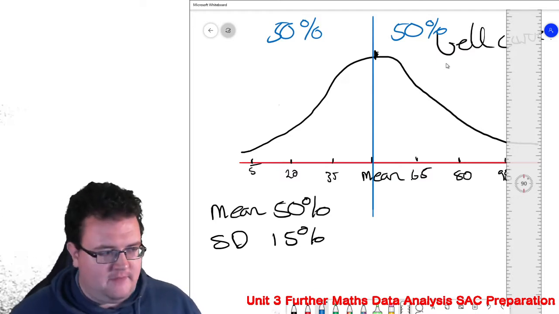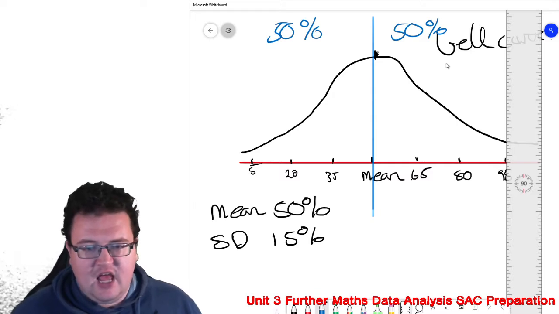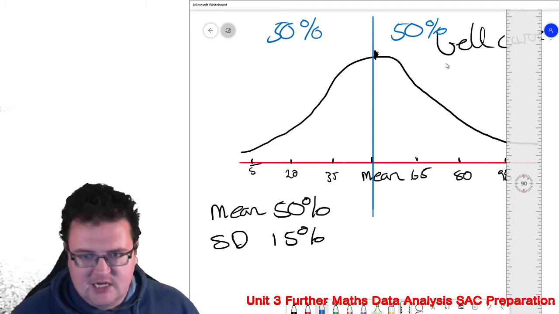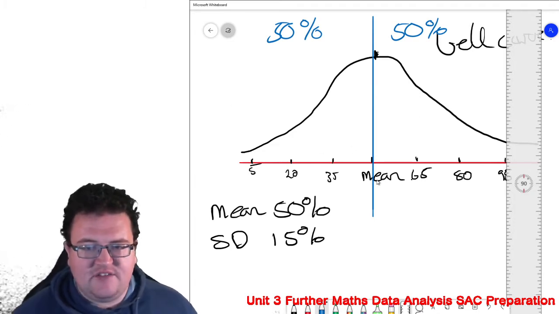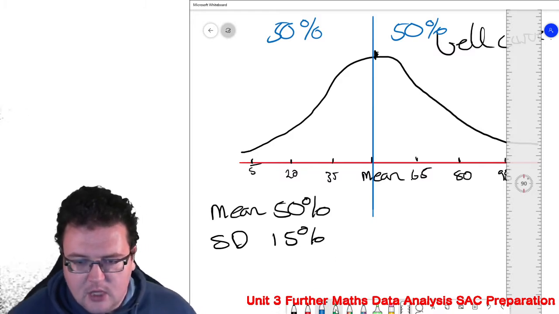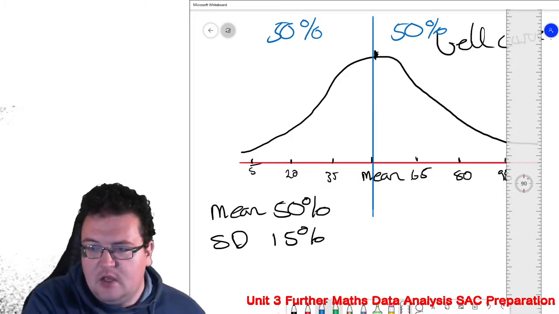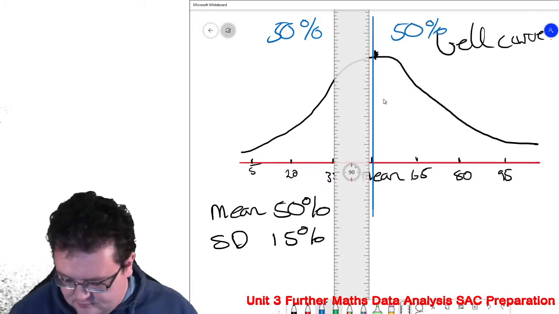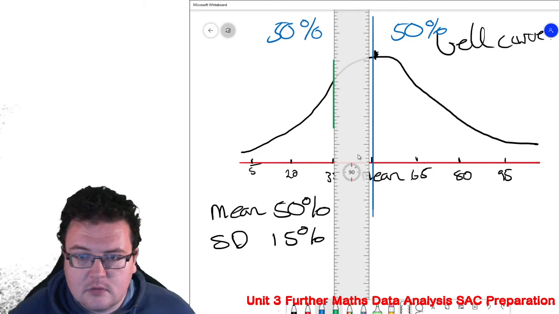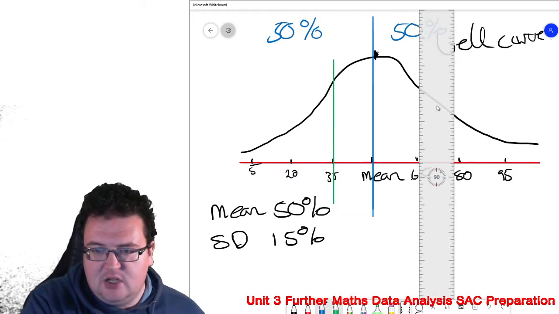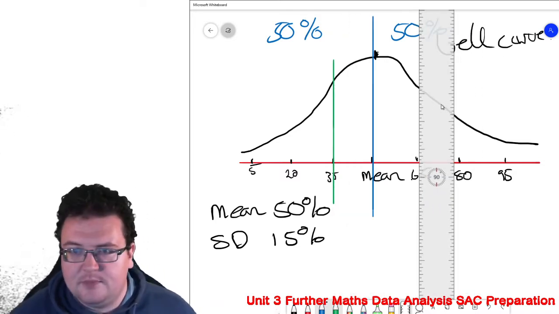What that also means is if I look one standard deviation from the mean, that means I go a standard deviation up and a standard deviation below. I'm going to do this in green. So that's a standard deviation below, and this is a standard deviation up.